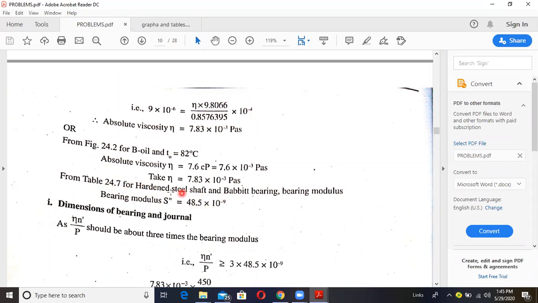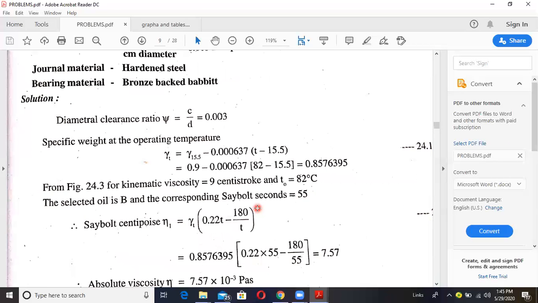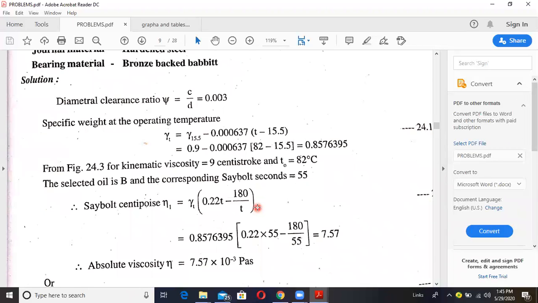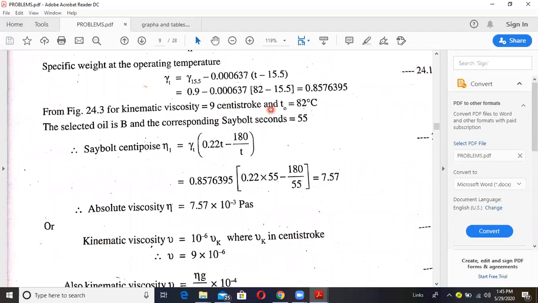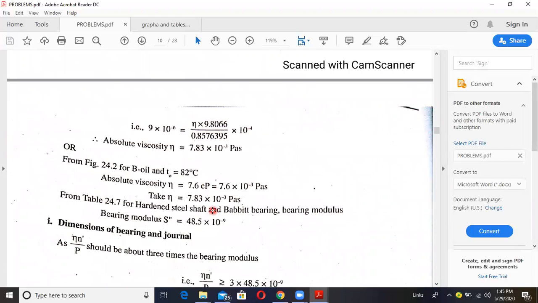This is constant for hardened steel and Babbitt bearing. So these are the things we calculate before we calculate the dimensions: one is Xi, another is absolute viscosity, and another we require is the bearing modulus.